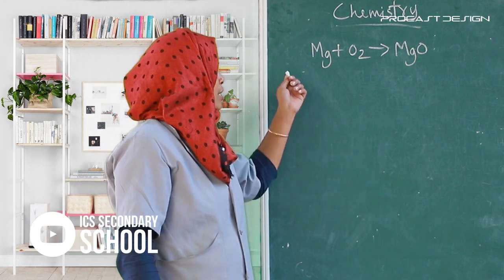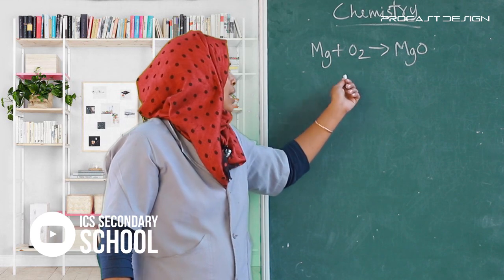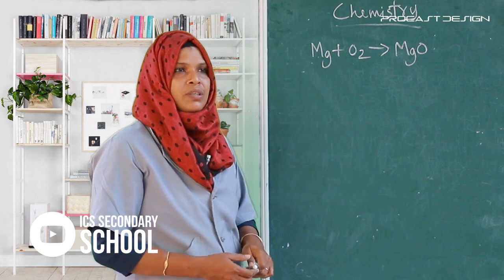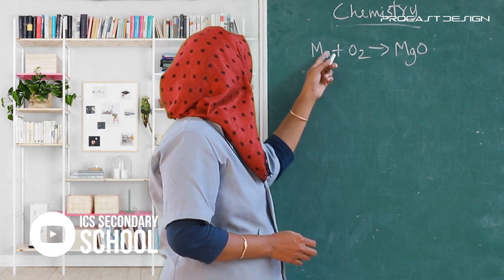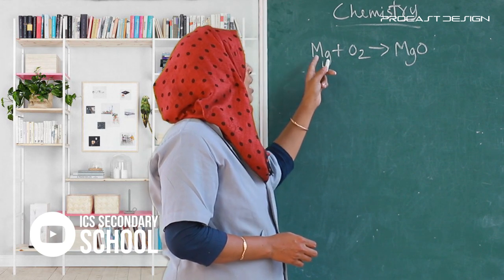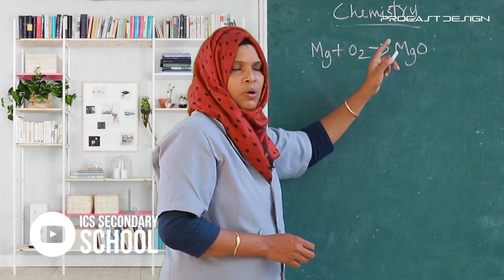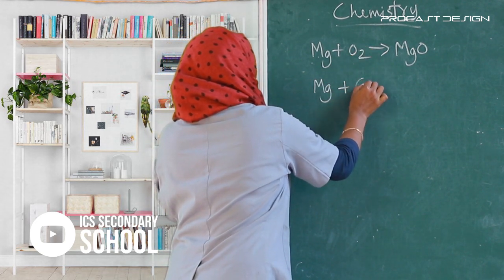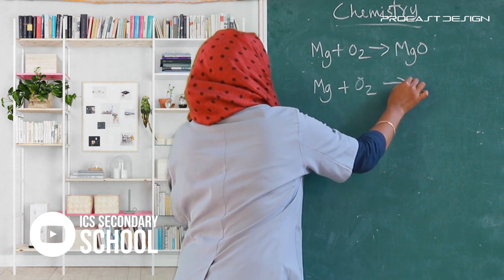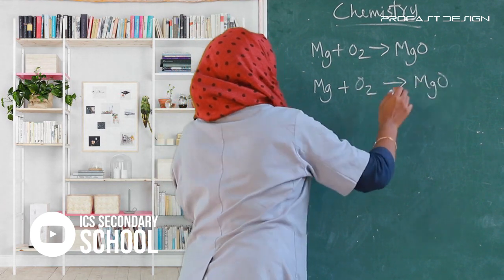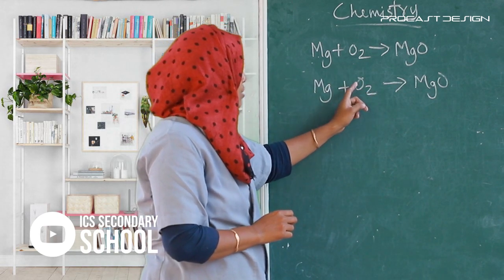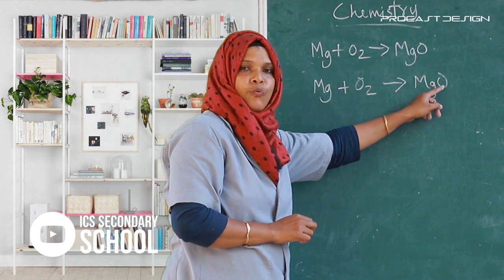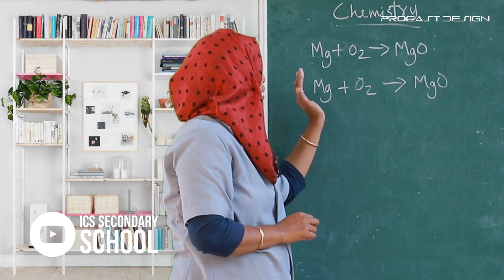The number of atoms on the reactant side and product side, identical atoms, should be equal. First consider magnesium. The number of magnesium atoms is 1 on the reactant side and also 1 on the product side. Then consider oxygen. Here the number of oxygen atoms on the reactant side is 2. On the product side it is 1. You should change this equation.